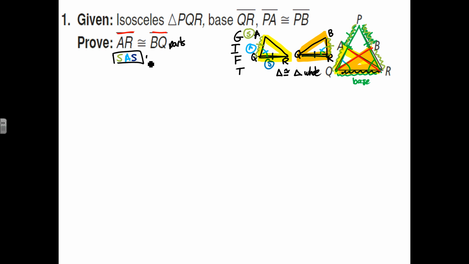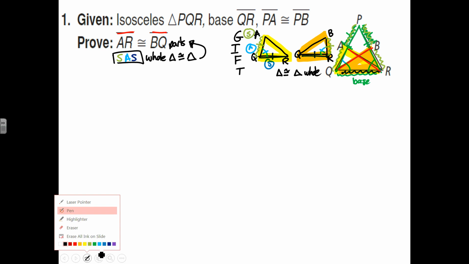And if my whole triangles are congruent, then my parts are congruent that we're trying to get, which are these guys.